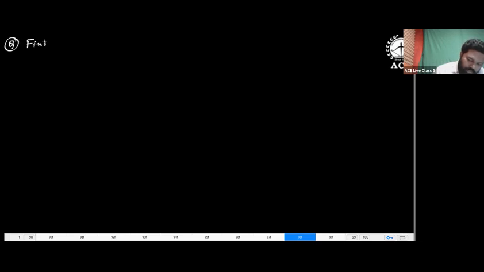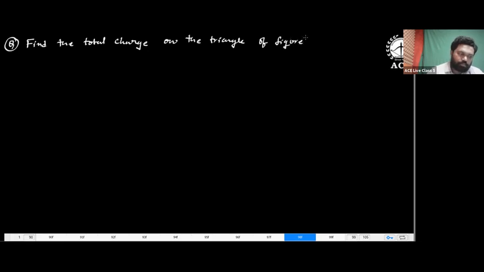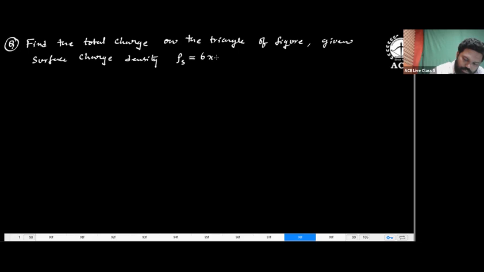Find the total charge on the triangle of the figure given. Surface charge density rho s is equal to 6xy coulomb per meter square.